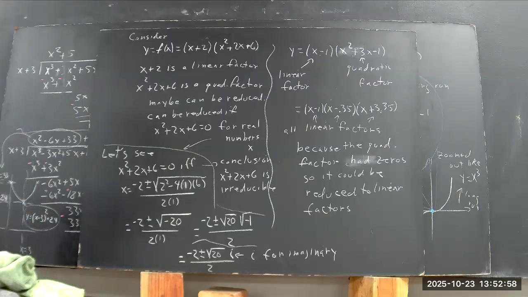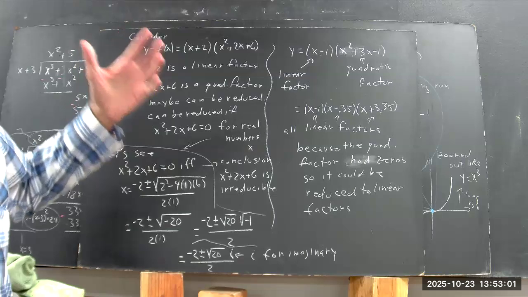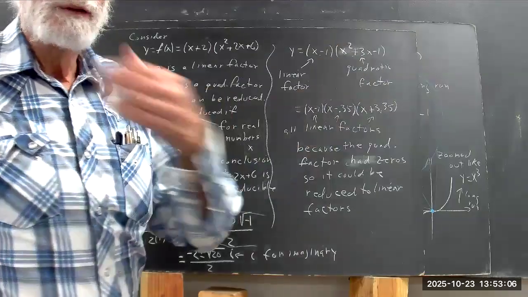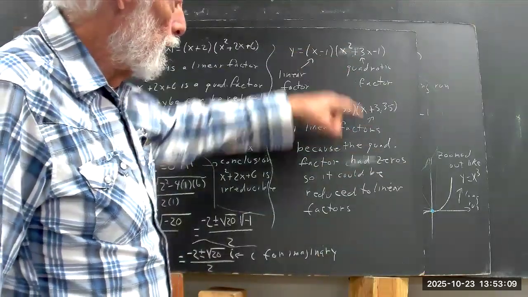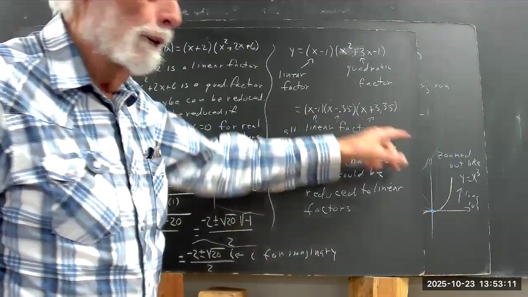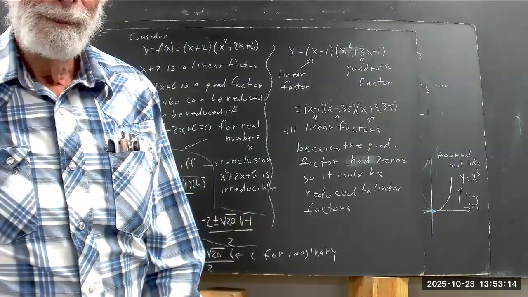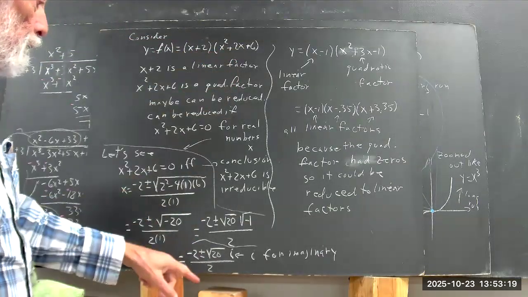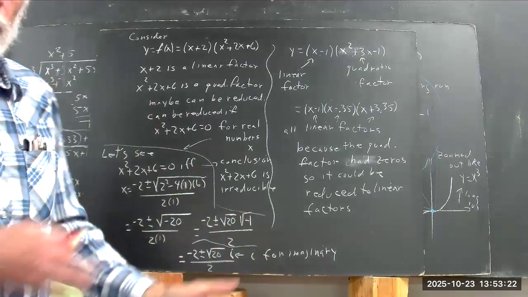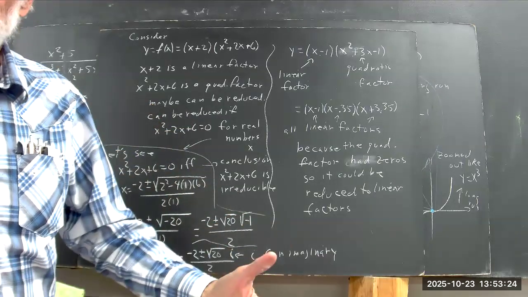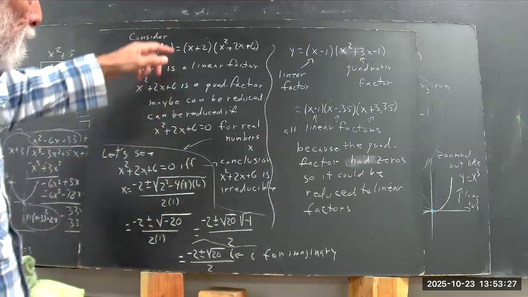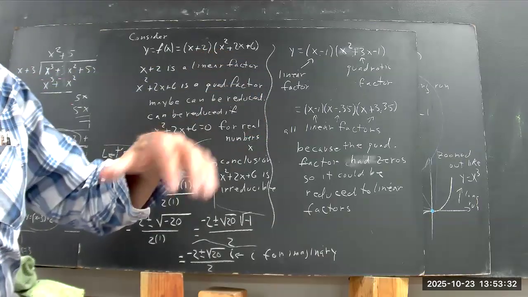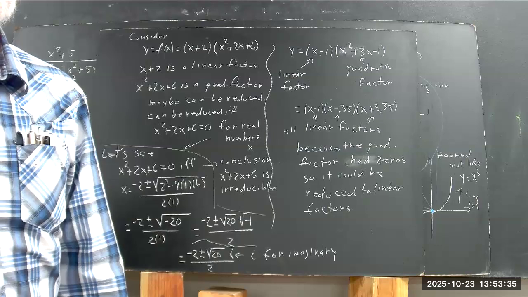So if you factor any quadratic, it'll factor down into some linear factors and some quadratic factors. If the quadratic factor is like this, it can be reduced and we end up with linear factors. If it's like this, where this thing can't be equal to 0 for any real number, that means there's no x-intercept. An x-intercept has to be a real number, right? So this is not going to contribute any x-intercepts to a graph.